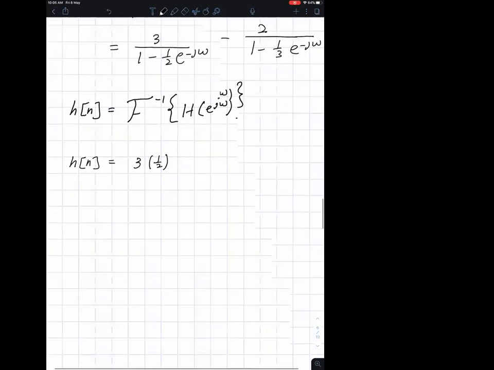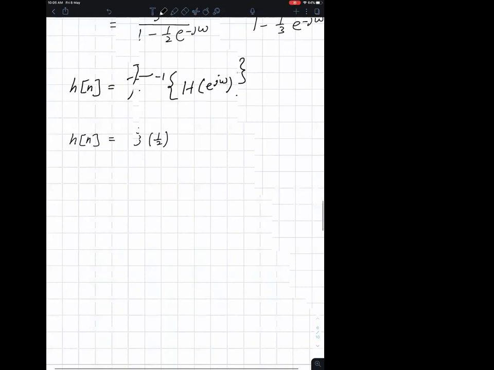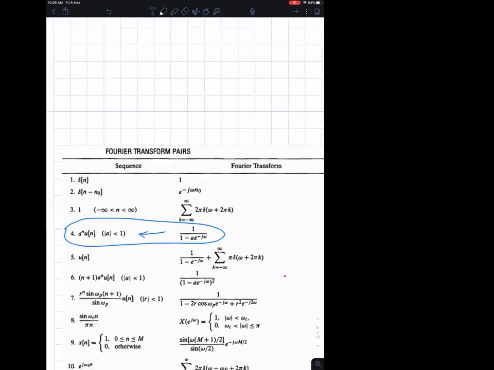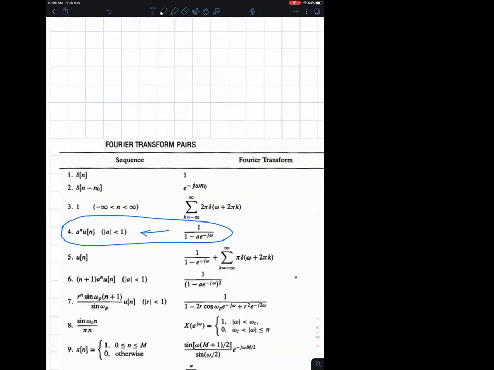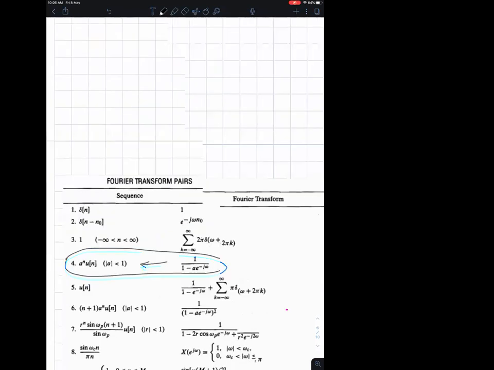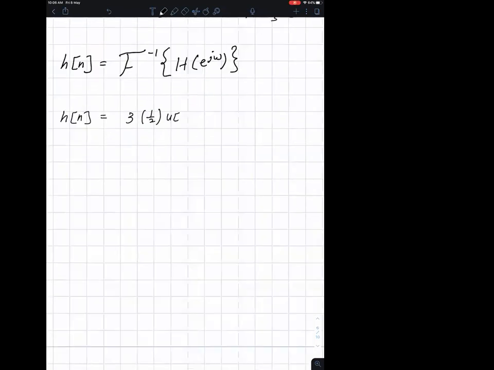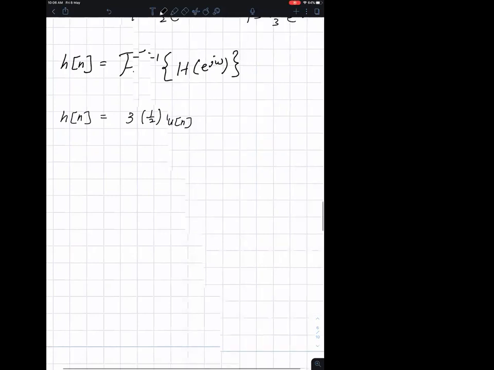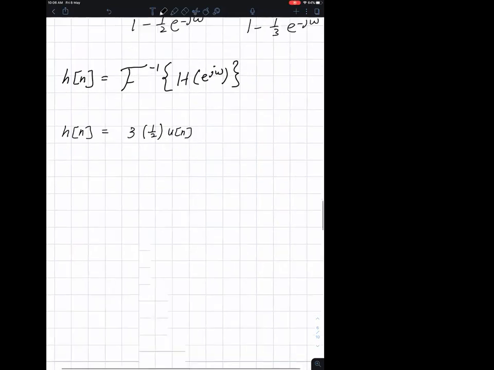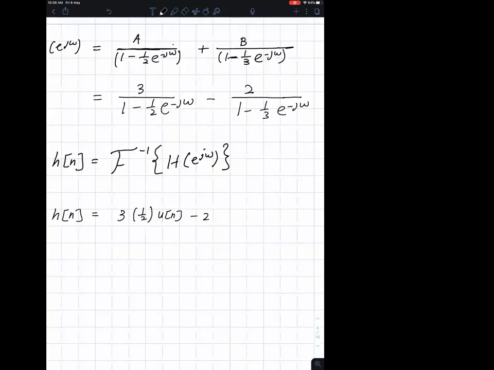This formula here, right here, use of n. And then minus 2, 1/3.